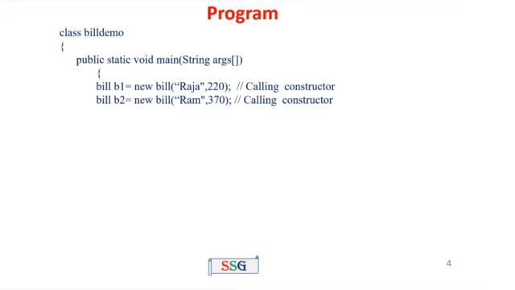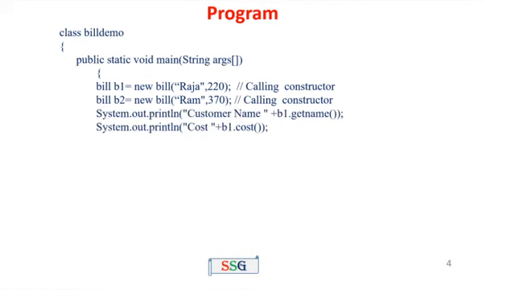These both inputs are transferred to the corresponding constructor function, that is the Bill function. Then b1.name equal to Raja, then b1.calls equal to 220. Next you create the second object, Bill b2 is equal to new Bill ram and 370. Here the second object name is b2.